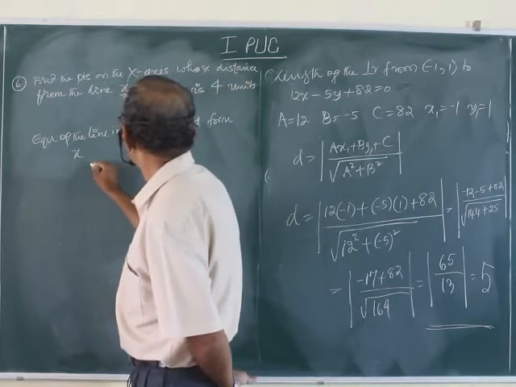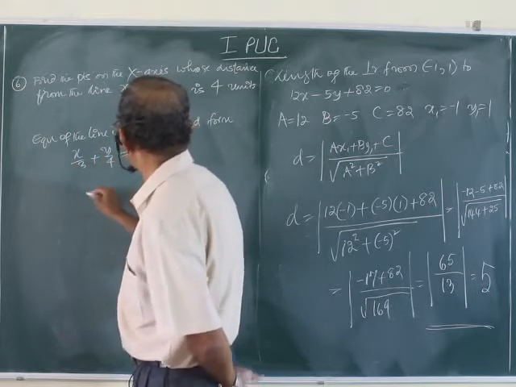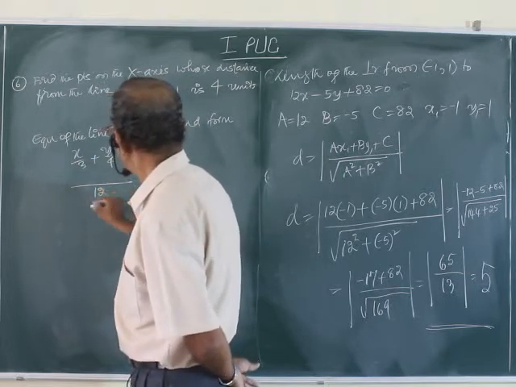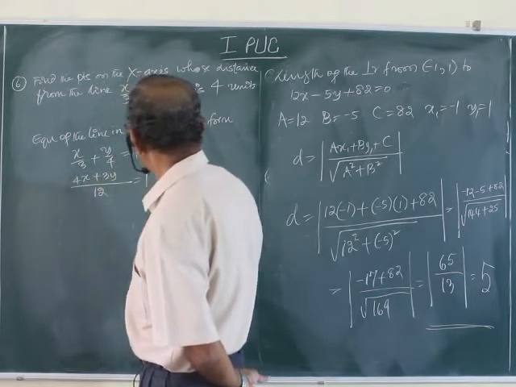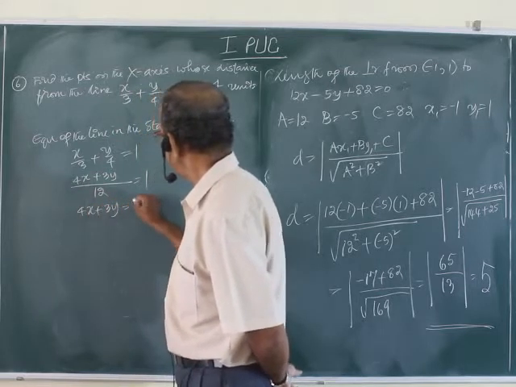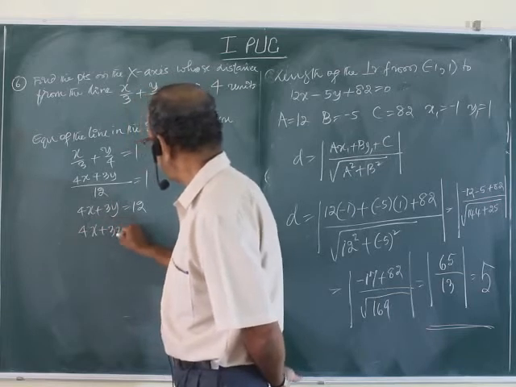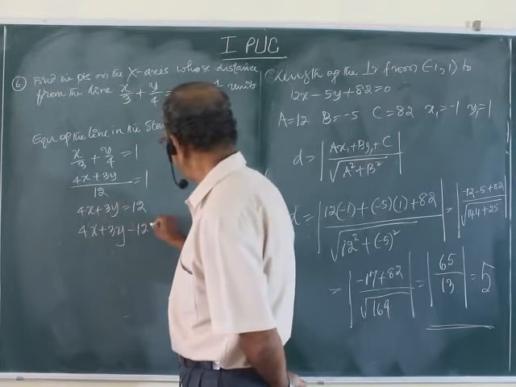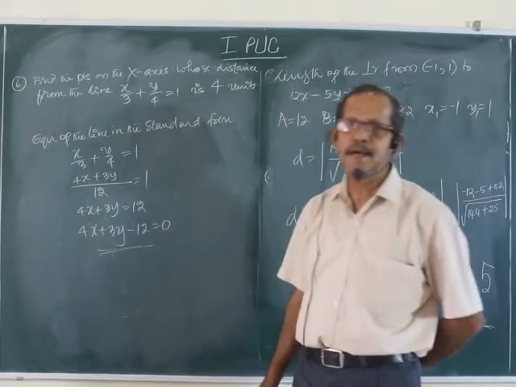X by 3 plus y by 4 equal to 1. Taking LCM, 4x plus 3y equal to 12. This is the standard form: 4x plus 3y minus 12 equal to 0.